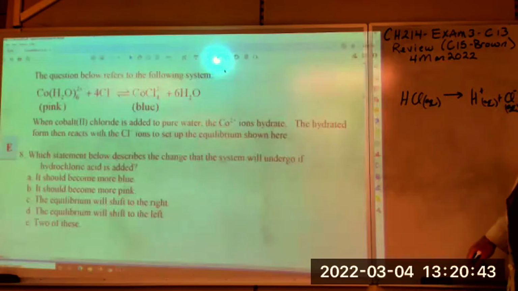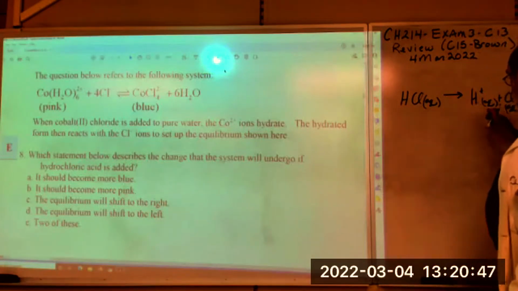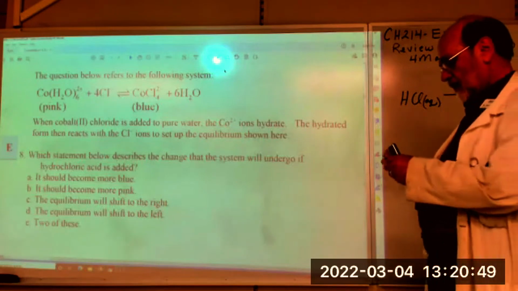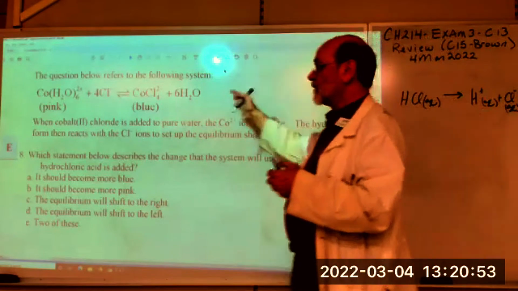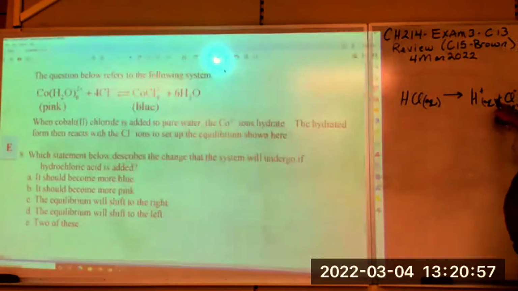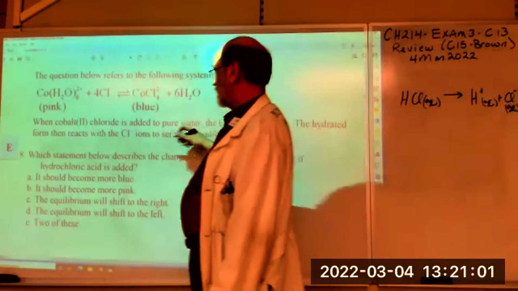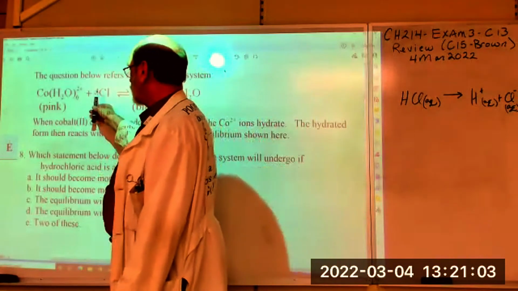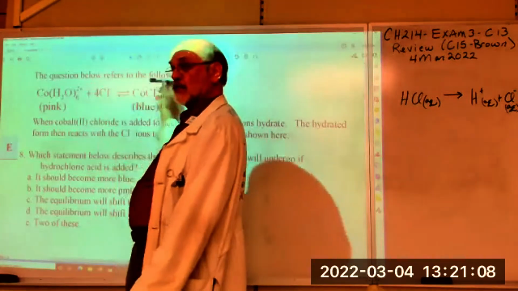So it makes hydrogen ions and chloride ions, okay? Which ions are common to this equilibrium? Only the chlorides. So we're adding chloride ions, right? So if we add chloride ions, we should reduce the pink, increase the blue. It's going to shift this way.